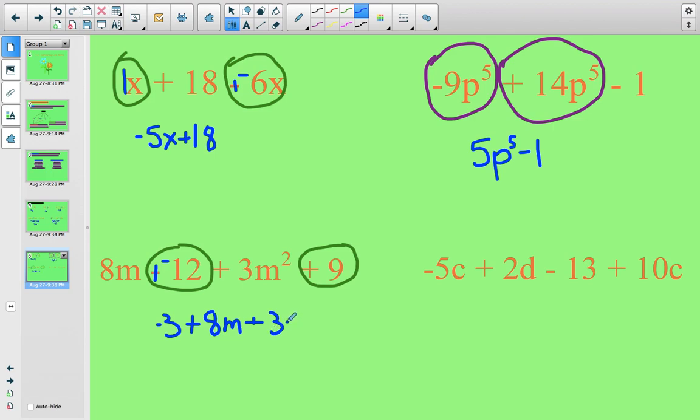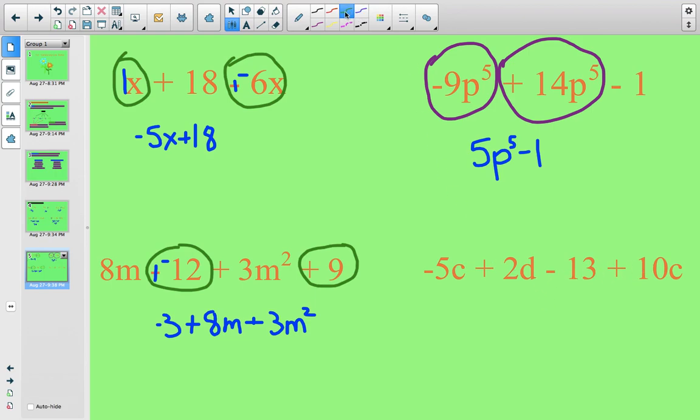Now at this point in algebra, I'm not going to be concerned at all about the order of your terms. If you've taken Algebra 1 before, you probably know that eventually we'll reorder this, but for now I'm not consumed with that. If you want to practice that, that's fine, but it's not going to make a difference as far as the test goes.